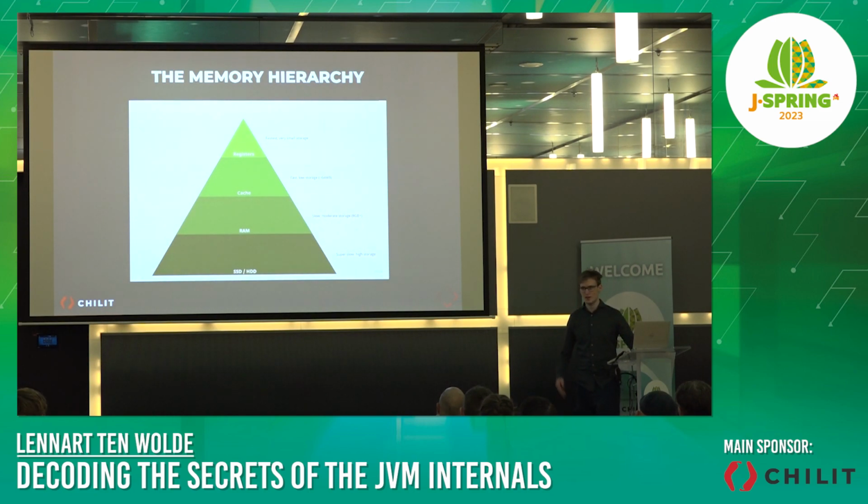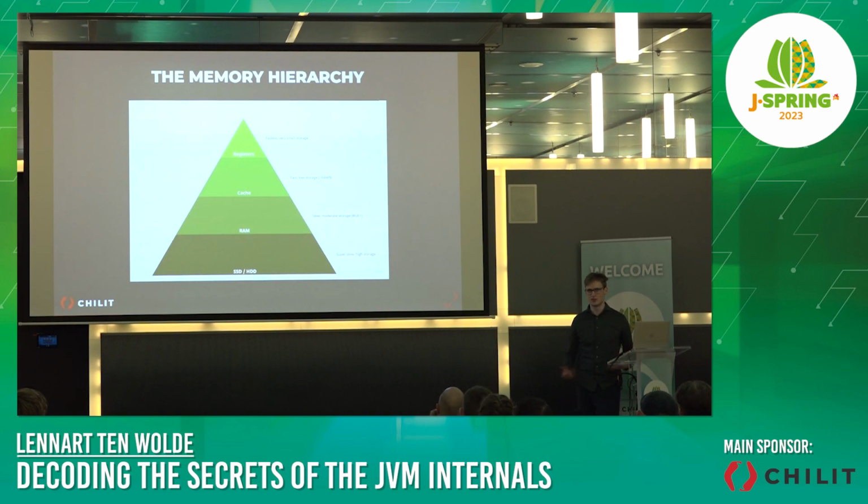And then we have RAM. And this is pretty much the limit of what you have to think about as a developer. RAM is much faster, but it's actually still quite slow. Querying data from RAM can take several CPU cycles. And all of this time, your application could be doing the work it has to do. So to improve the performance, your CPU contains a cache and a register.